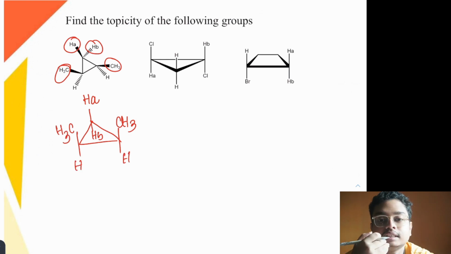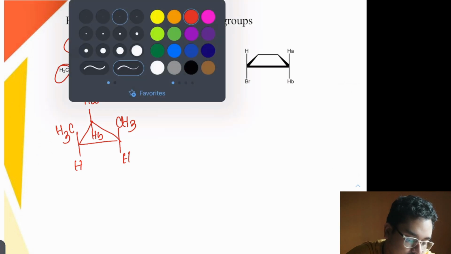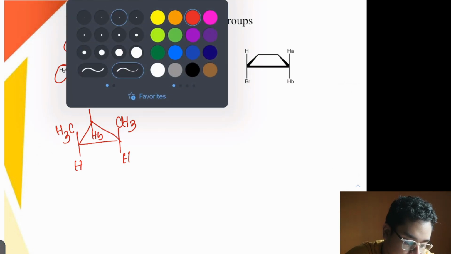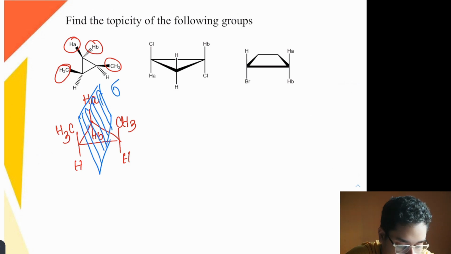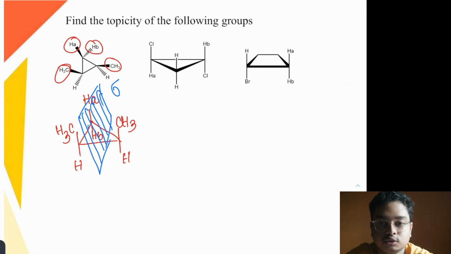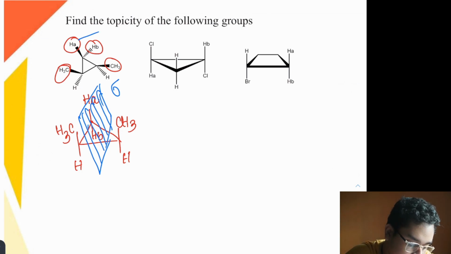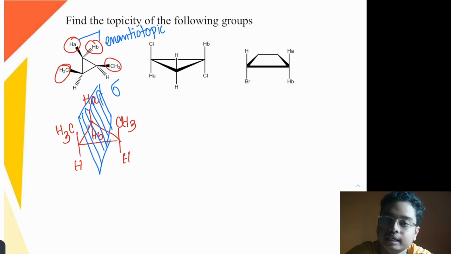If you see closely, there is a plane passing between these two groups because these two are mirror images of each other. That means this HA and HB are enantiotopic in nature.